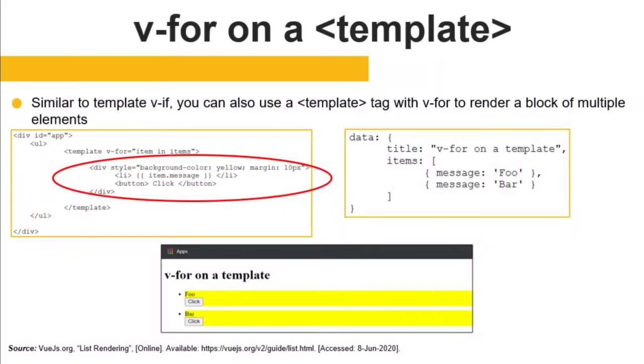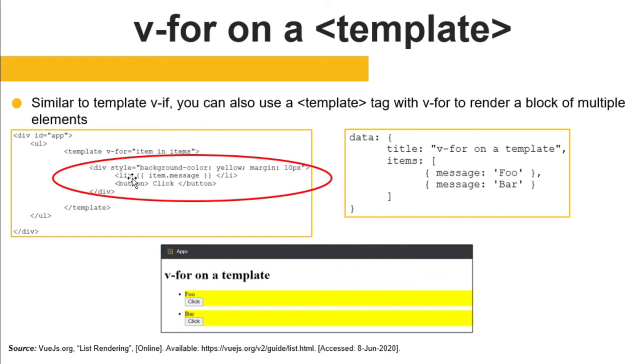v-for on a template. Similar to a template v-if, you can also use a template tag with v-for to render a block of multiple elements. In this example, we are not just rendering an li element for every iteration, but we use a template just like here, in order to render li inside a div element.